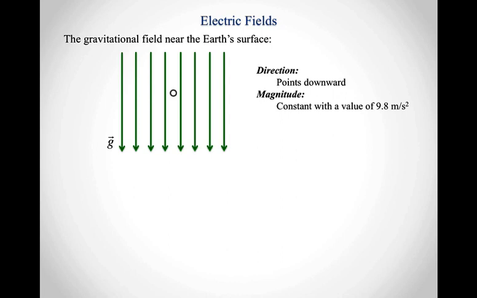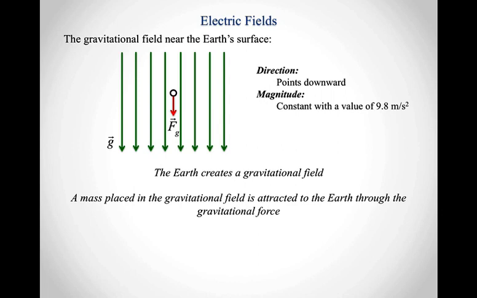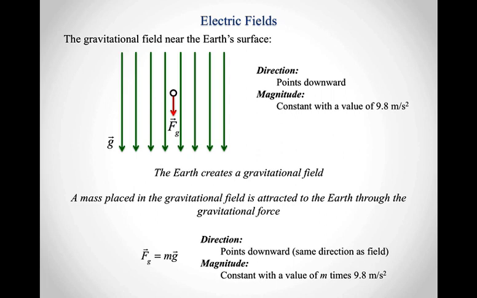Well, what happens if you take a mass and put it in that gravitational field? It feels a gravitational force. So what's going on here is that you have a mass, the Earth, that creates a gravitational field. Then when you place a second mass into that gravitational field, it's attracted to the Earth through the gravitational force. The equation that explains that is the one that we used all semester long to calculate the gravitational force, right?